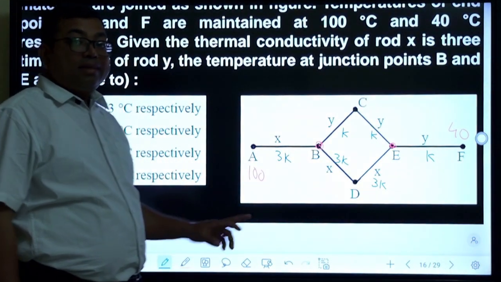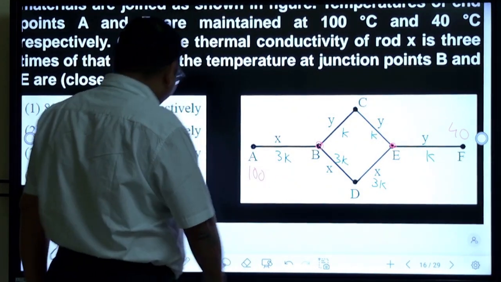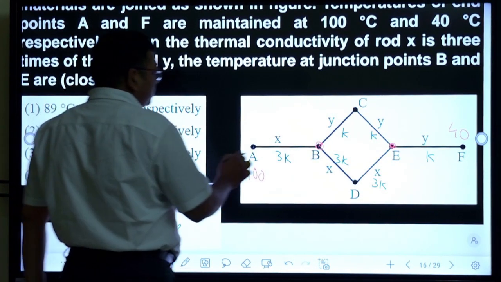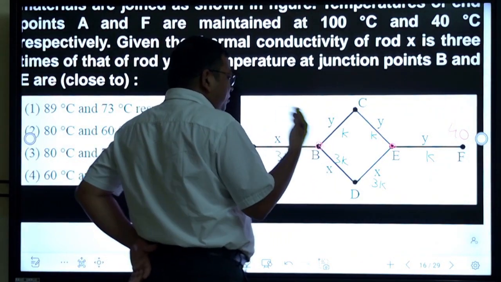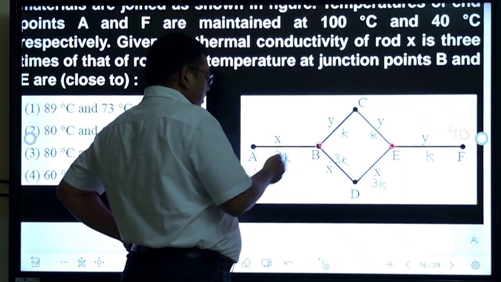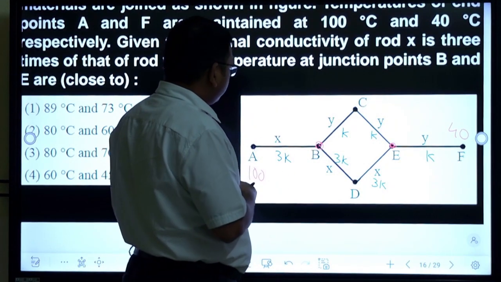Now I will write in resistance, because calculation of resistance is like an electrical circuit. So if it has 3k conductance, the resistance will be 1/3.